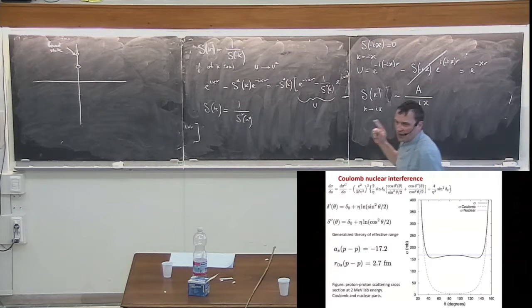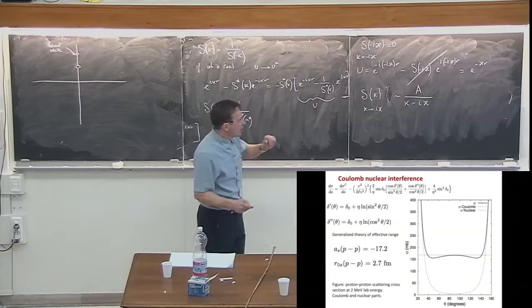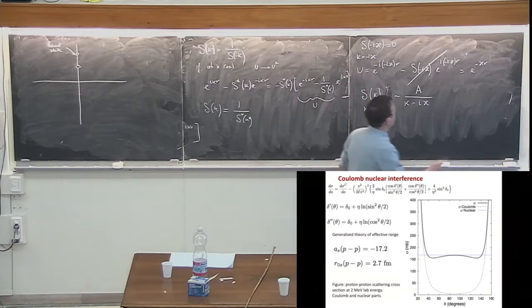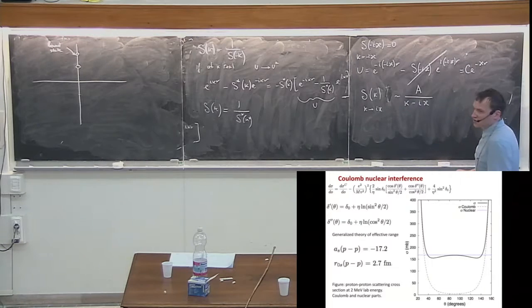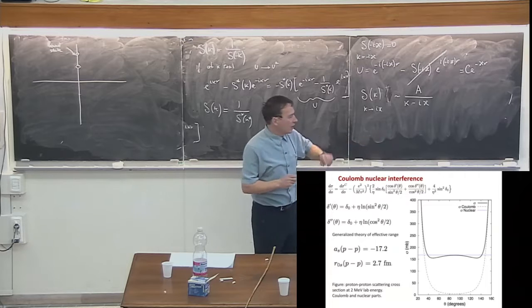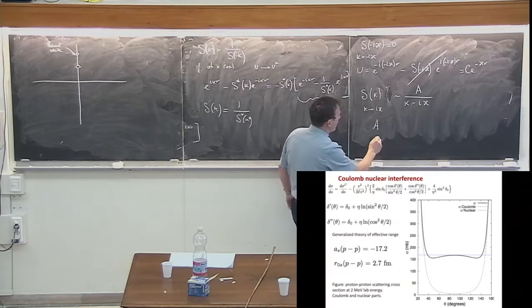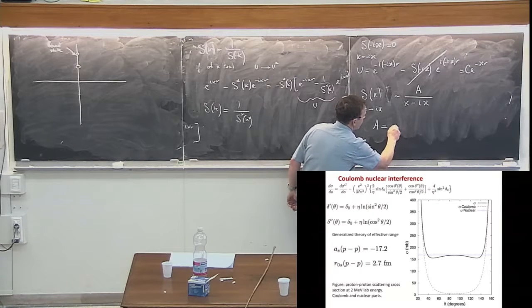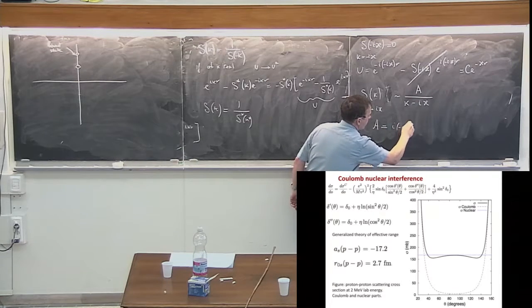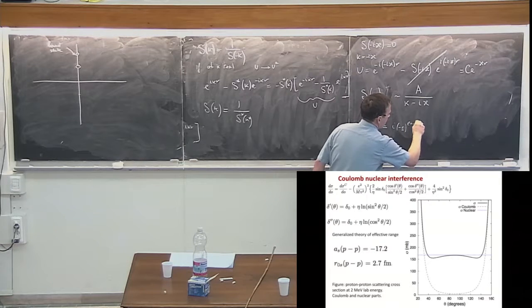Now I will leave it for you as an exercise, but you can show that if this wave function has coefficient C, which is called an asymptotic normalization coefficient, then there is a relation between A and the coefficient C, which is A equals i times minus 1 to the power of L plus 1 times the magnitude of C squared.